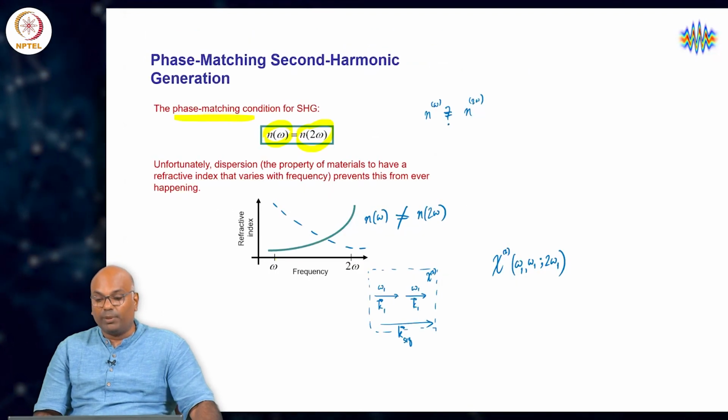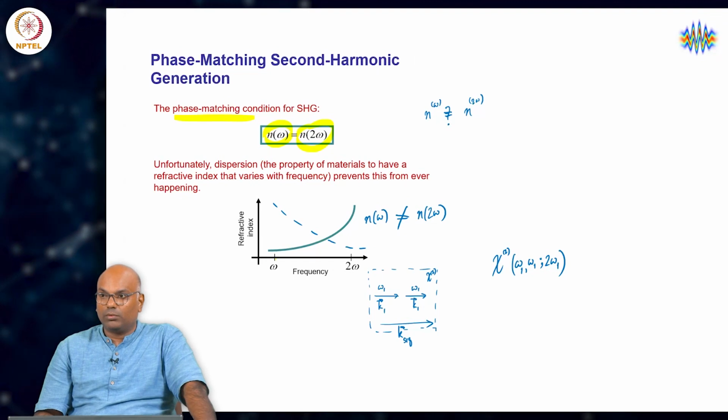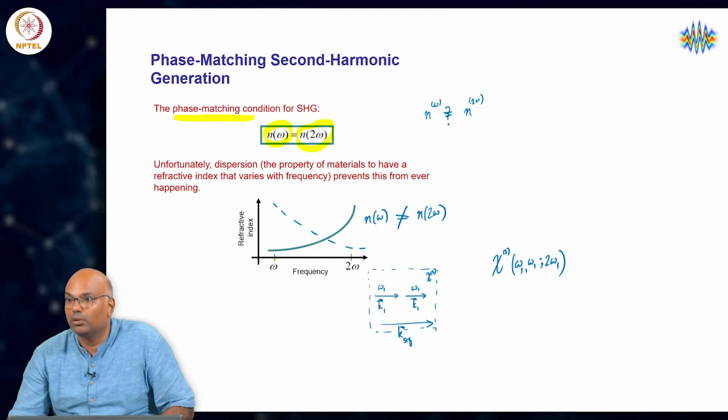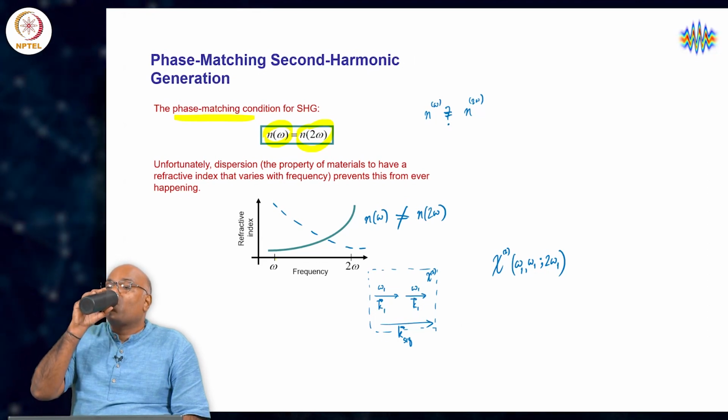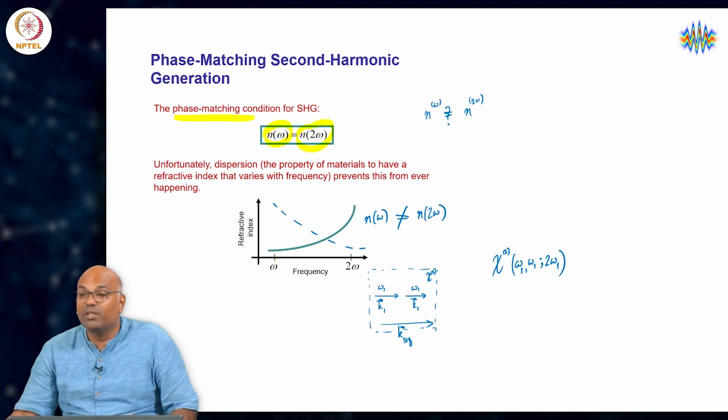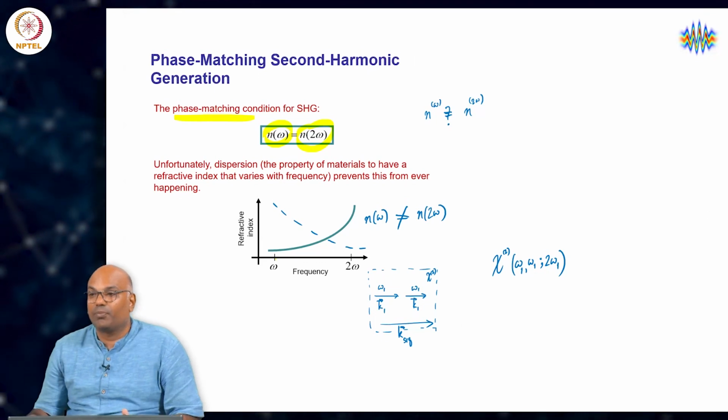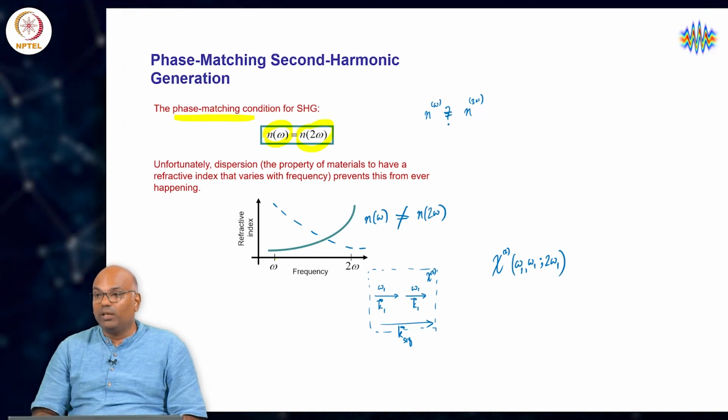Chi 2 should be dependent on frequency too. By definition, it should be frequency dependent, it means you have some third order nonlinearity. Only if it is dependent on the field amplitude. Chi 2 will have a dispersion.